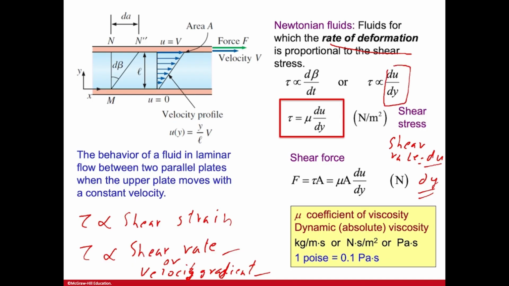Essentially, when you're talking about shear rate, I think it will be better understood with this example. If you have two parallel plates with a fluid in between, the bottom plate is stationary and the top plate is moving with a certain velocity. Because of this, you will see a velocity gradient develop.